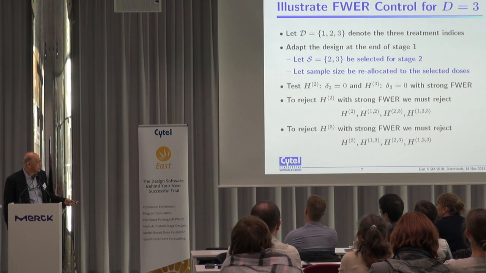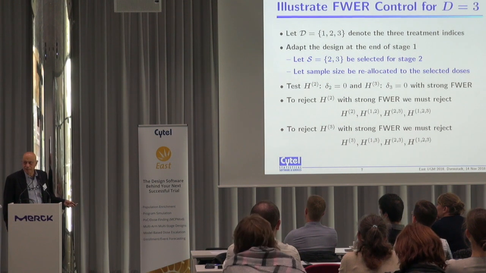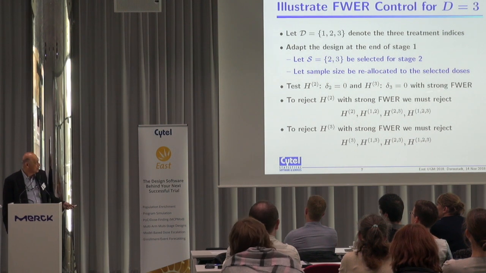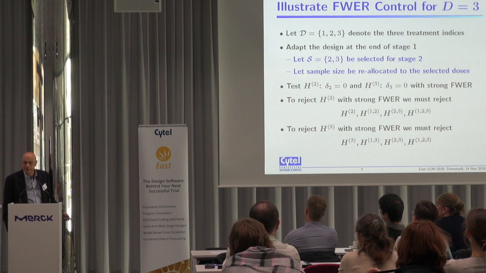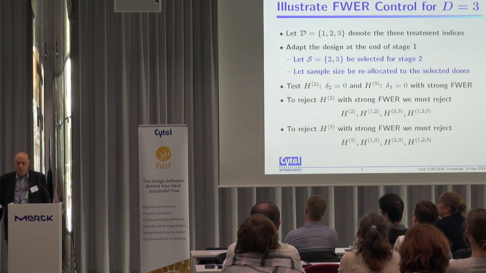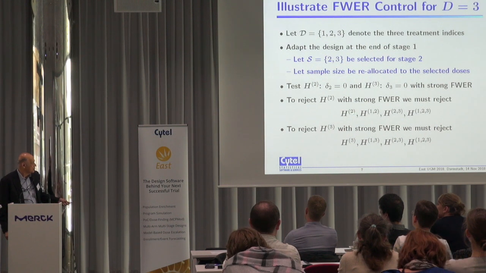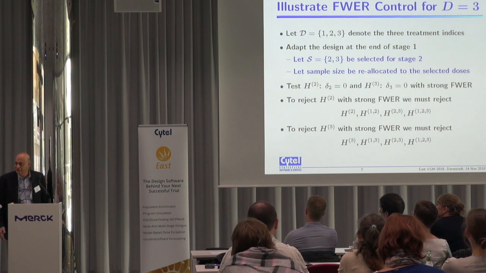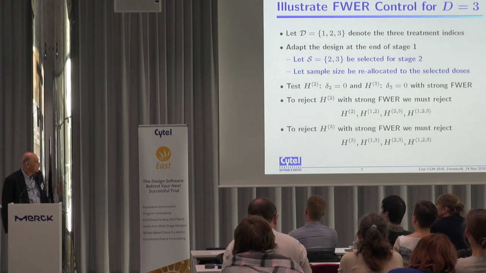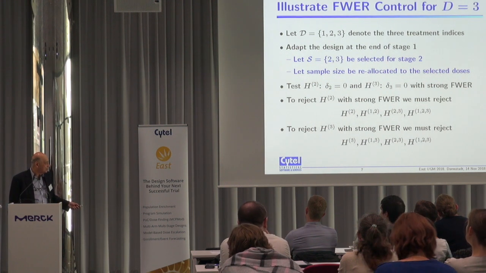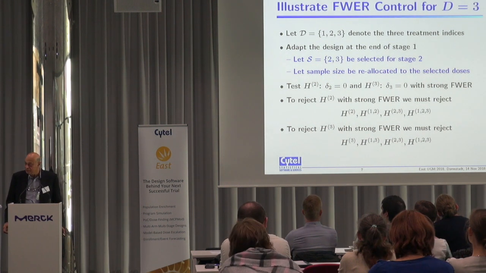So not only must you test that delta 2 is equal to 0, but you must also have a valid test that delta 1 and delta 2 are both equal to 0, or delta 2 and delta 3 are both equal to 0, and finally the intersection of all three, delta 1, delta 2, delta 3. So there are three additional hurdles in addition to the hurdle of simply testing delta 2 by itself. And similarly, if you want to reject H3, you'll have to test it in intersection with all the other treatments that include it.